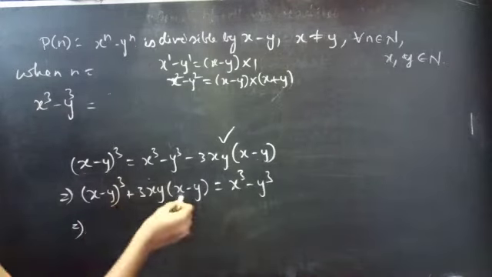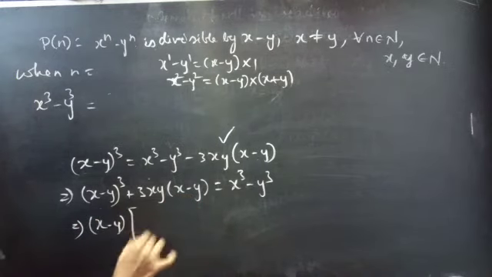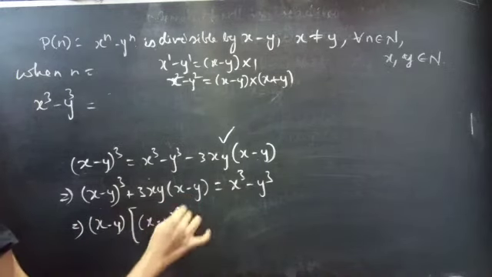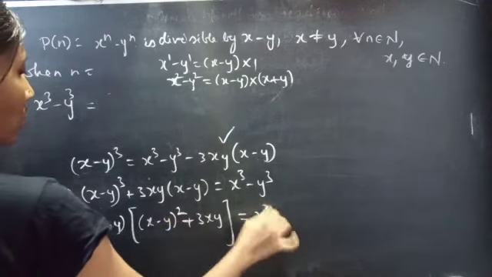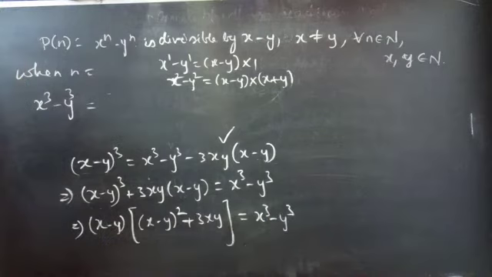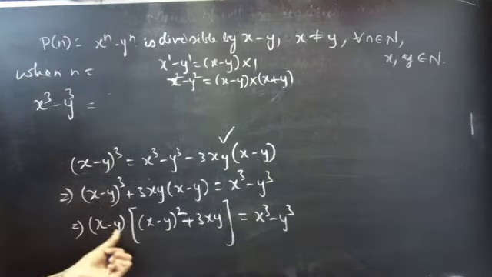Now take (x minus y) common from these two terms, and you'll get (x minus y) times [(x minus y) whole square plus 3xy] equals x cube minus y cube. So x cube minus y cube is nothing but a multiple of x minus y, right?